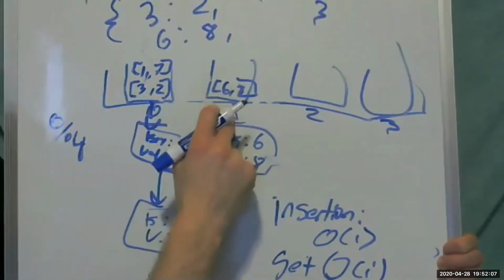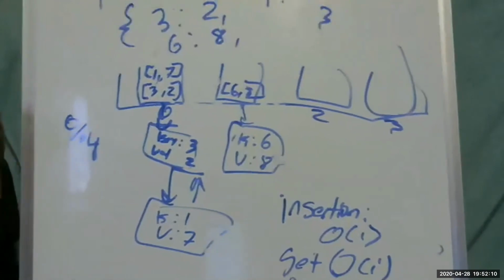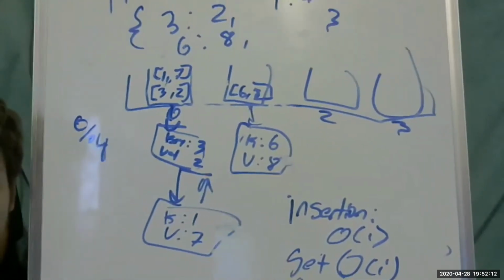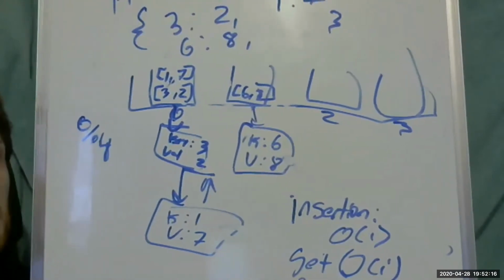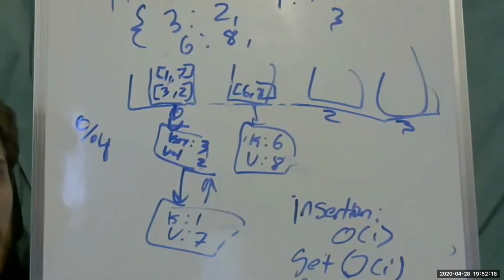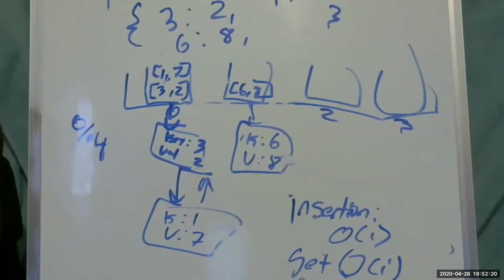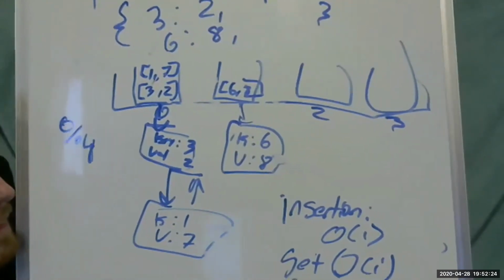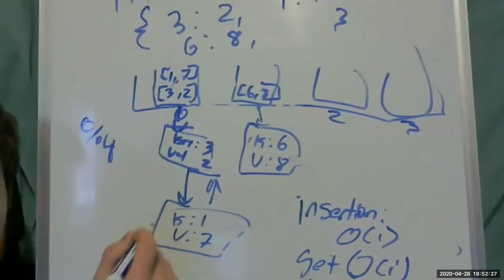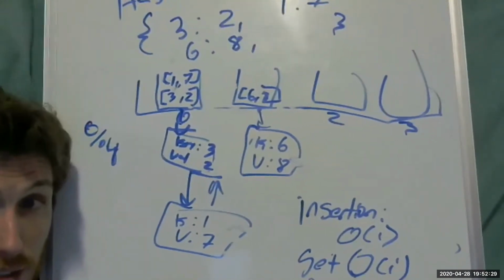Now, the tuples are fine if you wanted to do that, because there really won't be a lot of items in this bucket. But the classic and better practice is to make these buckets doubly linked lists.